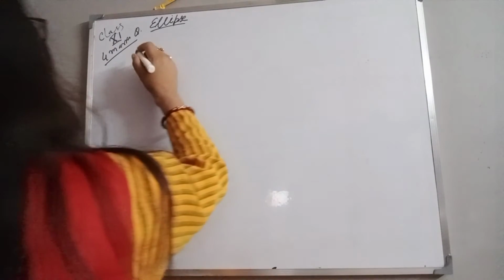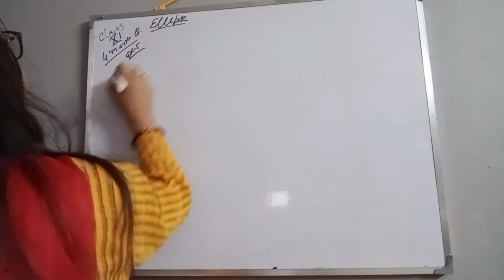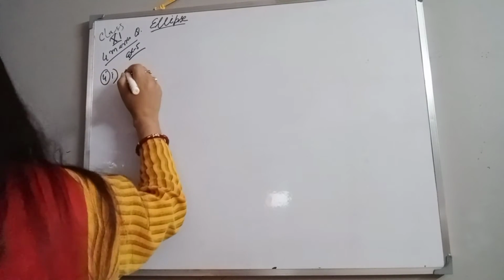Length of the axis of the ellipse means we have to find both the major axis length and the minor axis length. This is exercise 5, sum number 4, part 1.